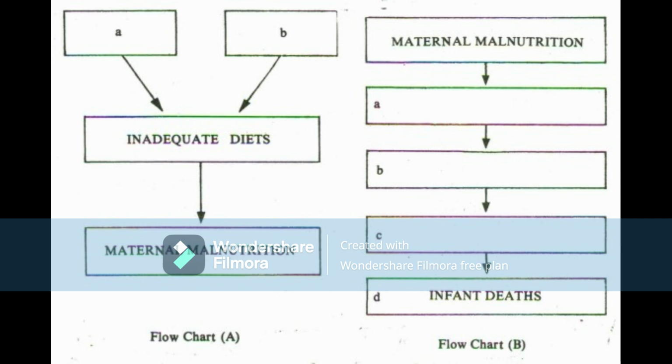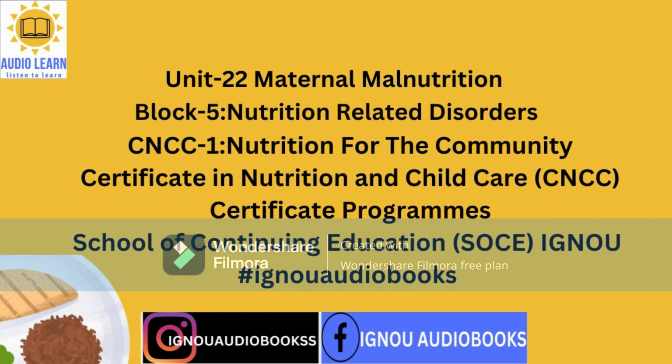The results indicate that a woman would be likely to be malnourished if any one or more of the following conditions exist: repeated pregnancies, closely spaced births, high infection rate, heavy workload, smoking and alcohol consumption.